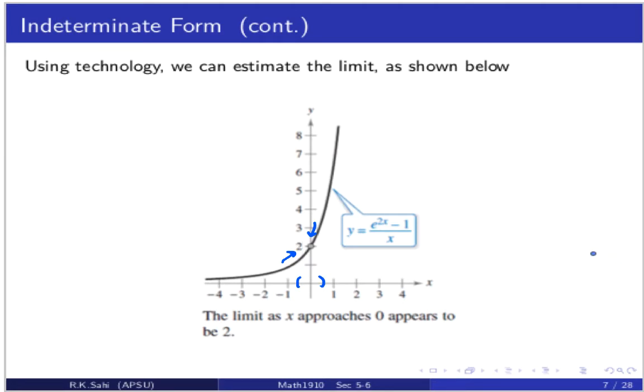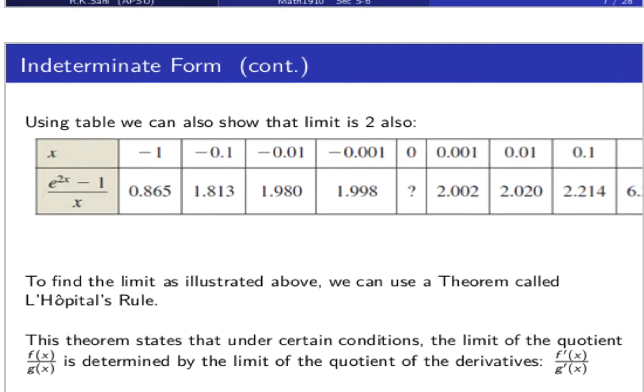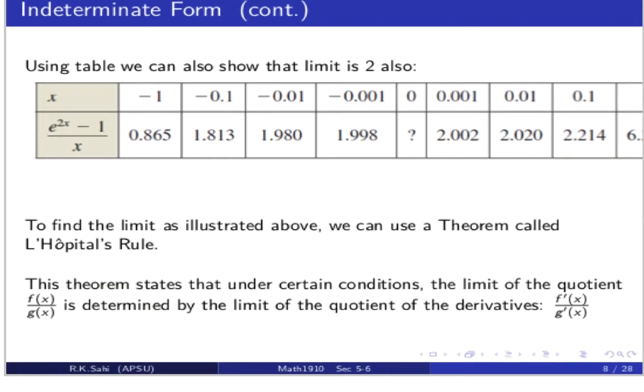Just to make it doubly sure, let's do a table of these values to see what happens when x is coming closer to 0. Notice if I take values minus 1, minus 0.1, minus 0.01, minus 0.001, close to 0, it's clearly not defined at 0 for this expression.